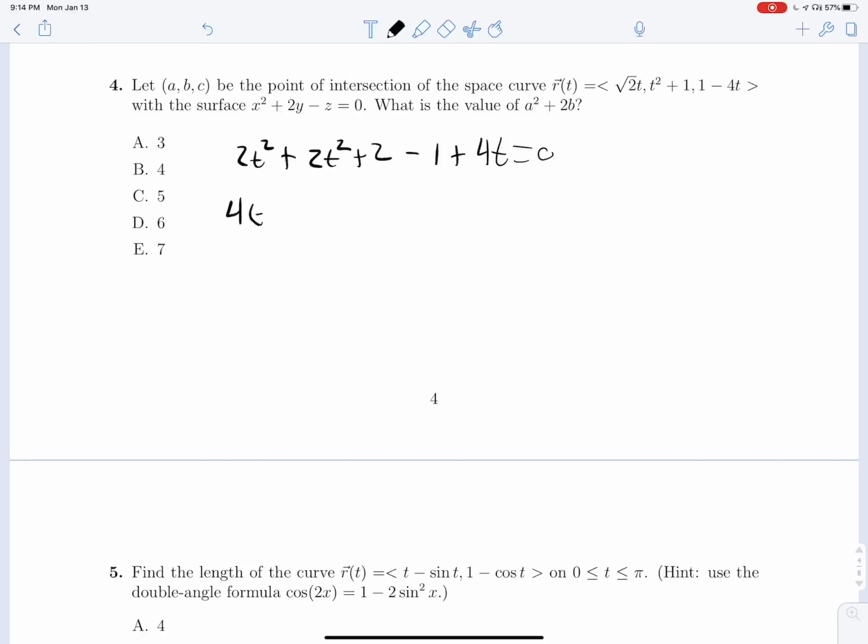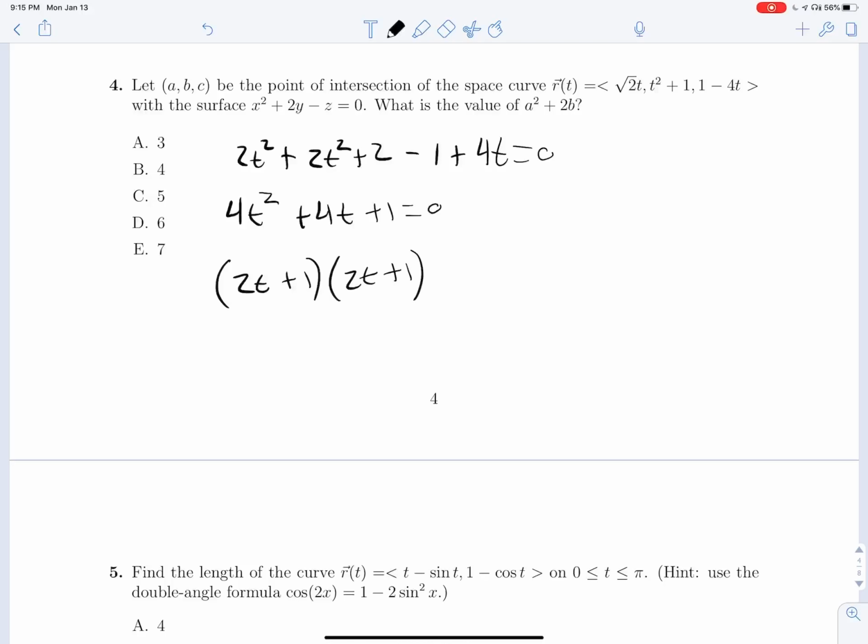This will give us 4t squared plus 4t plus 1 equal to 0. And if we factor this, let's see, I'm bad at factoring this kind of thing. Let's see, 2t plus 1.